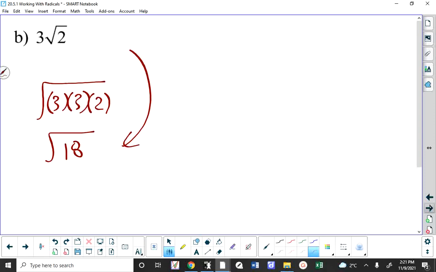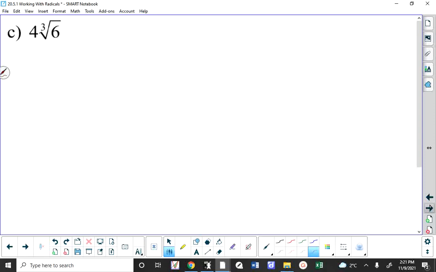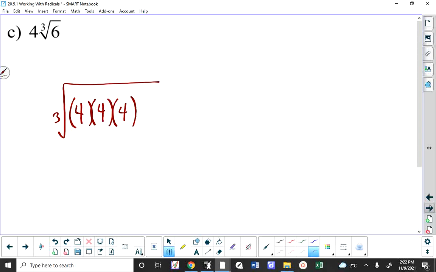And C, 4 cube root 6. So rather than saying, since I have 4 outside of the cube root, what number would I cube root to get 4? The answer is 64, by the way. You simply say, I'm going to pop that 4 that's outside of the cube root inside, but I'm going to put it 3 times. Because the cube root of 4 times 4 times 4 is equal to just 4.